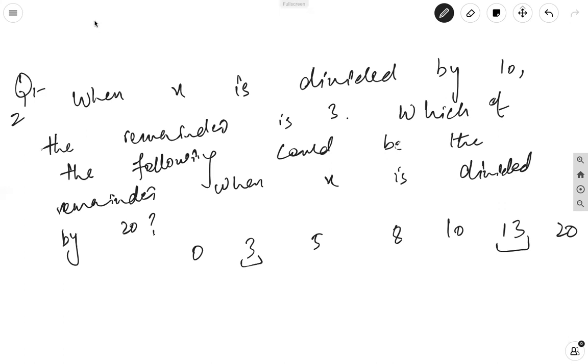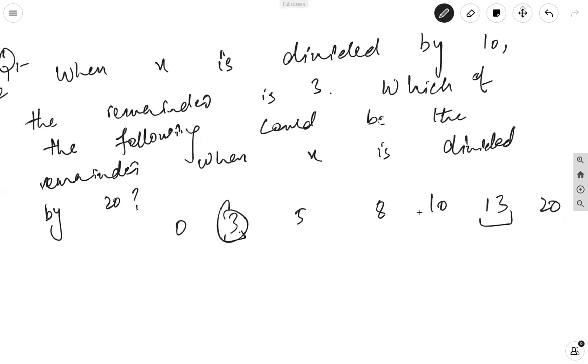Only half a minute left. Yes, 3 and 13. This is a very easy question.